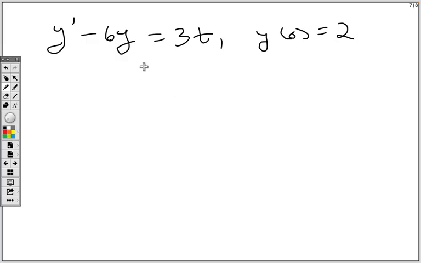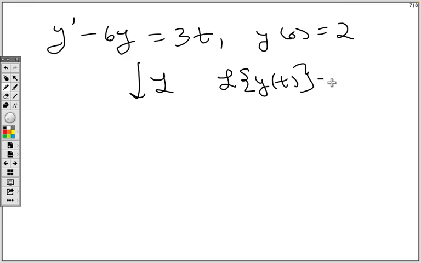So our first step is to Laplace everything over. The way I'm going to denote the Laplace transform of our solution function little y of t is I'm going to use these bars, big Y, and I'm going to suppress the dependence on s so we don't think we're multiplying there. So I'm going to use the property we just learned.